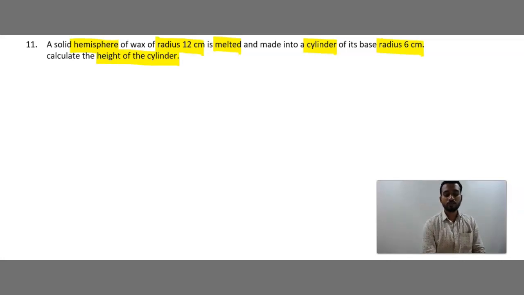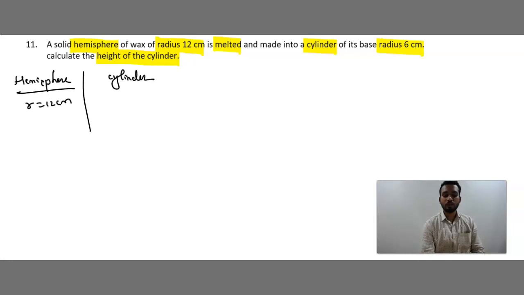Let's solve. So we have two data here. One is the hemisphere. What is the radius of the hemisphere? 12 cm. We are melting that and changing it into the shape of a cylinder. What is the radius? 6 cm. And what is the height? That only we need to find.